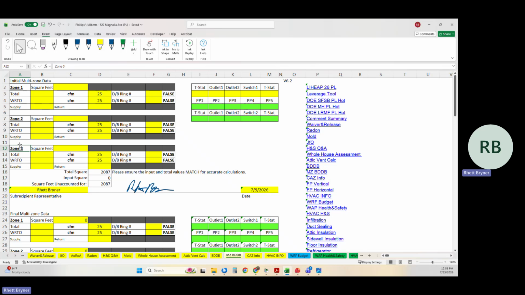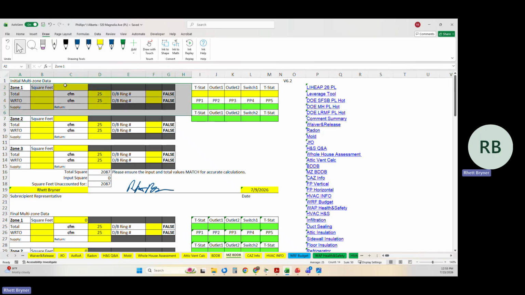You can also see large one-story houses with one system on one side of the house and another on the other side. In cases like that, you would separate them into two different zones here. In this case, we only have one, so we're just going to focus on zone one.